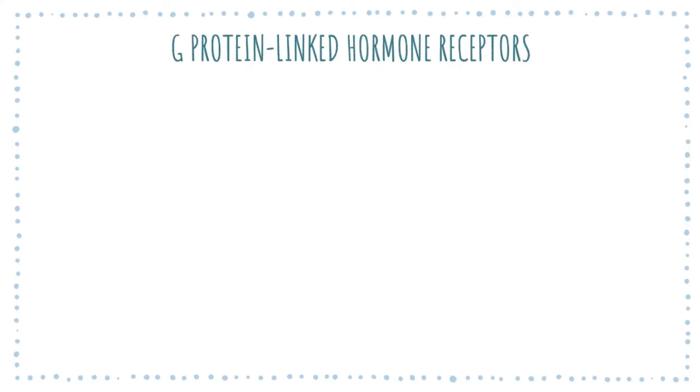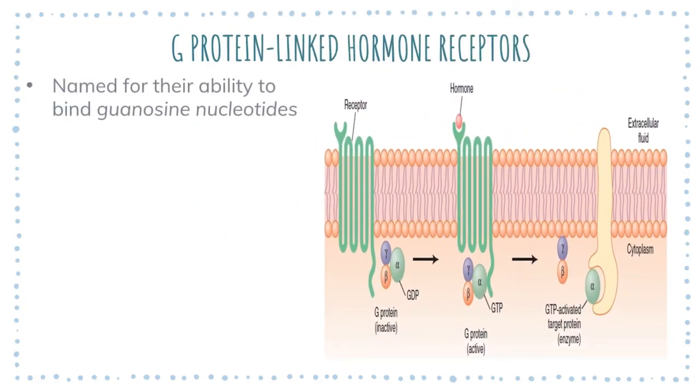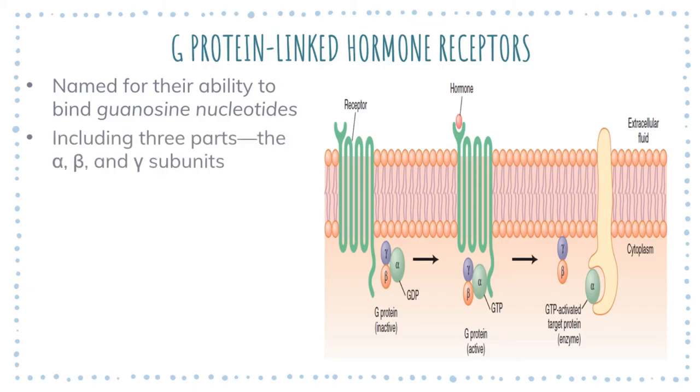Group 2 hormones, G protein-linked hormone receptors. These are hormones that bind to a cell surface receptor. Their ability to bind guanine nucleotides involves three parts, the alpha, beta, and gamma subunits.